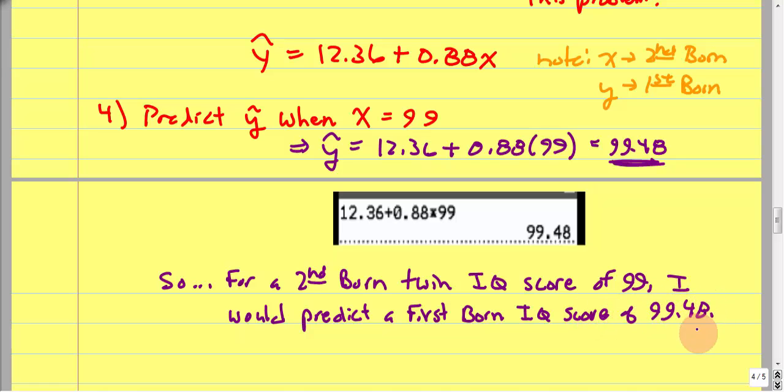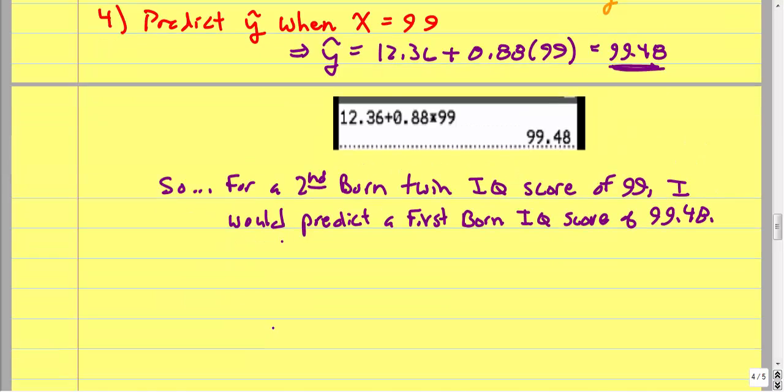That's basically my summary here. I was able to do this because linear correlation was appropriate. If I had found that linear correlation was not appropriate, then I would have just used y bar for my prediction. So we have to be really careful about making sure we test to see if linear correlation is appropriate before we do anything.